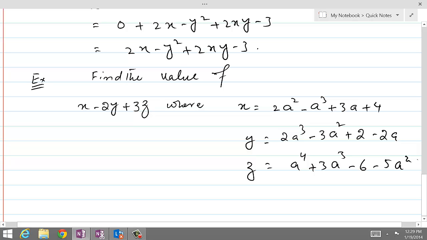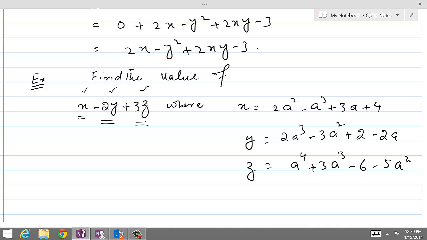Now here, if you look at the question, we are required to find the value of this expression, x minus 2y plus 3z. In fact, this is simple addition of three things: x, minus 2y, and plus 3z. If z is given, then multiplying 3 with it is called the scalar multiplication of z with 3.